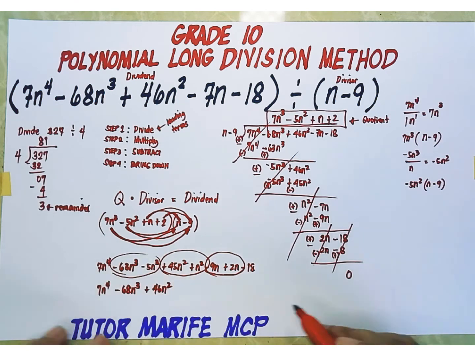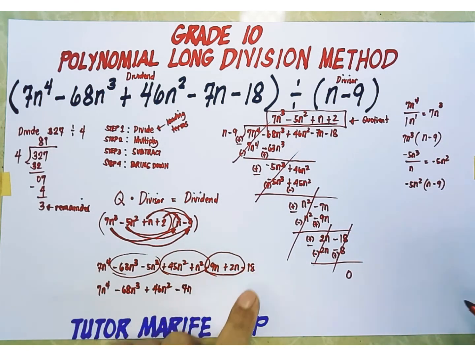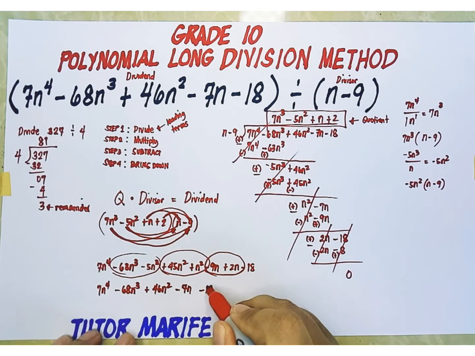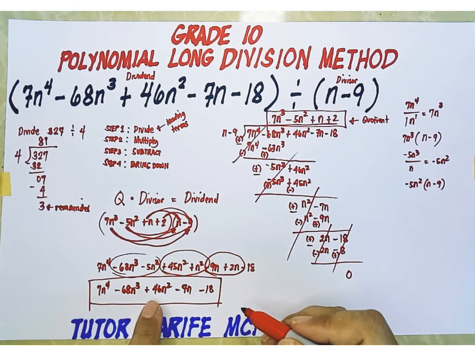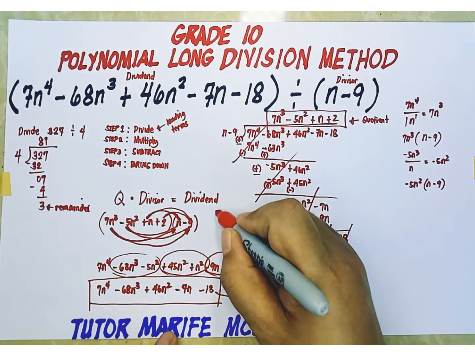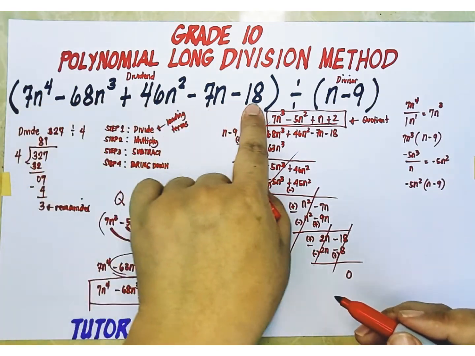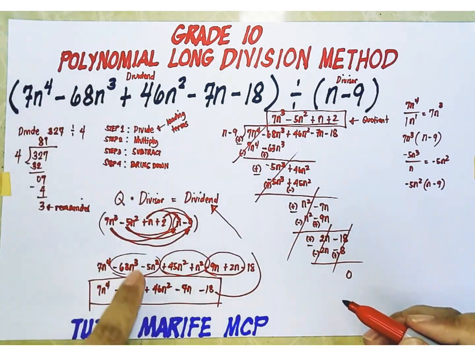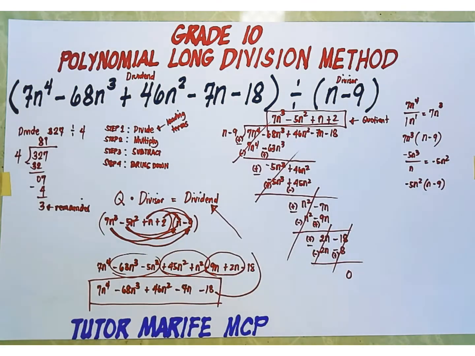Negative 9n plus 2n is negative 7n. Then negative 18. This is equal to your dividend. They're the same. So our answer is validated.